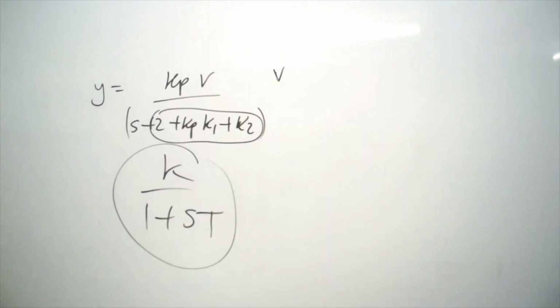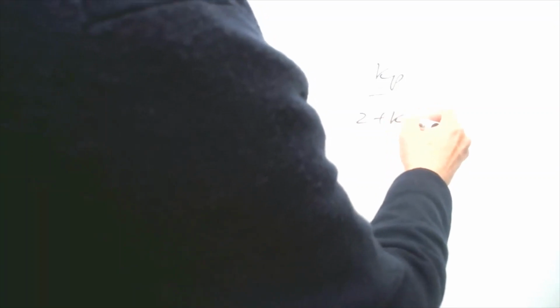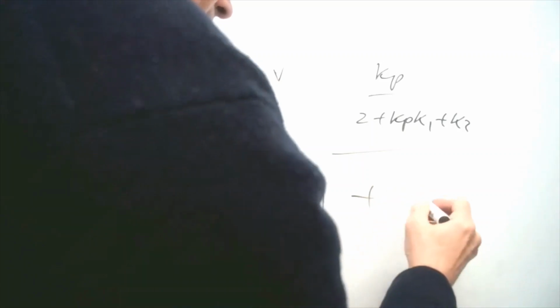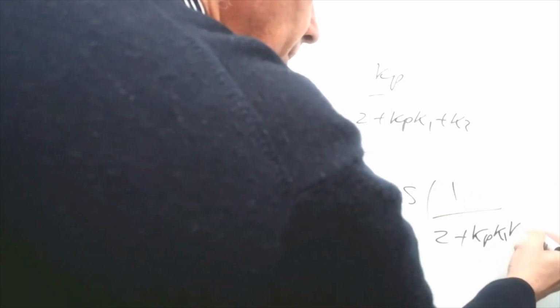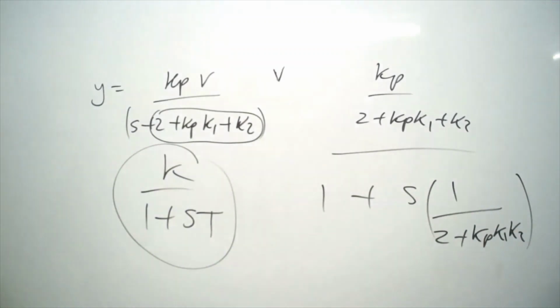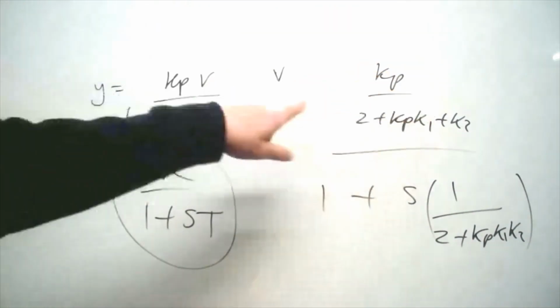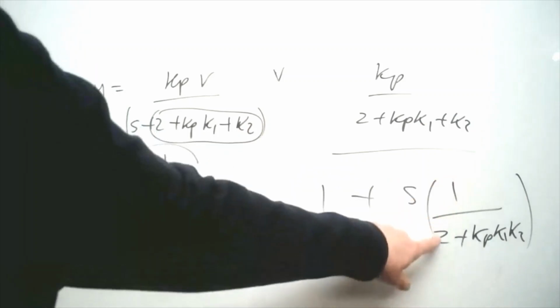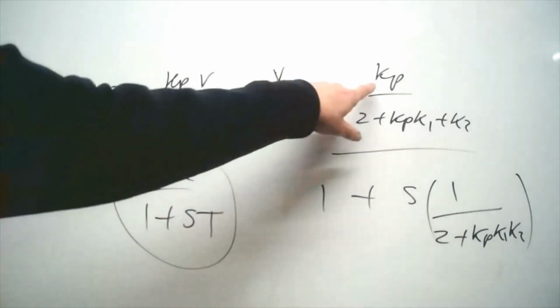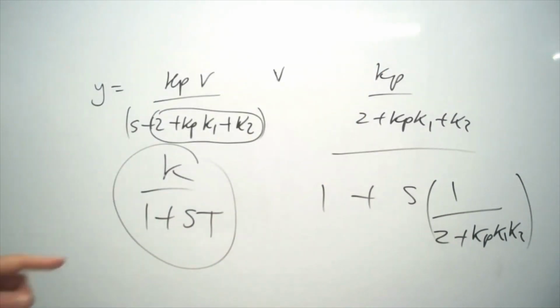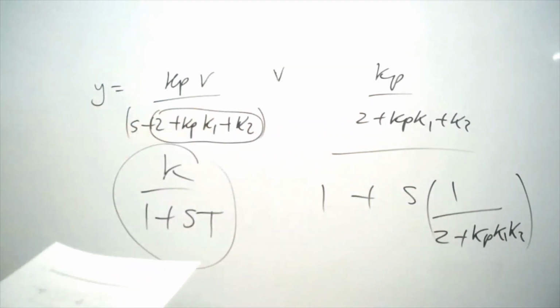So we can rewrite this now as kp over 2 plus kp k1 plus k2, divided by 1 plus s, and then 1 over 2 plus kp k1 k2. We can write it in that format, and then this term here is the k, and this term here is the t. So t is 1 over that term, and k is that term. That was the next part of the question, to work out expressions for k and t.